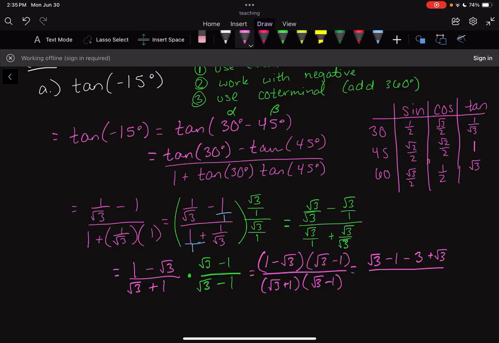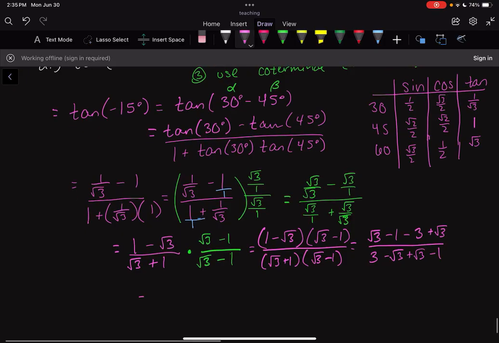Divided by, this would be 3 minus root 3 plus root 3, so those cancel. And then minus 1. So this becomes 2 root 3 minus 4 over 2, which can all simplify to root 3 minus 2.